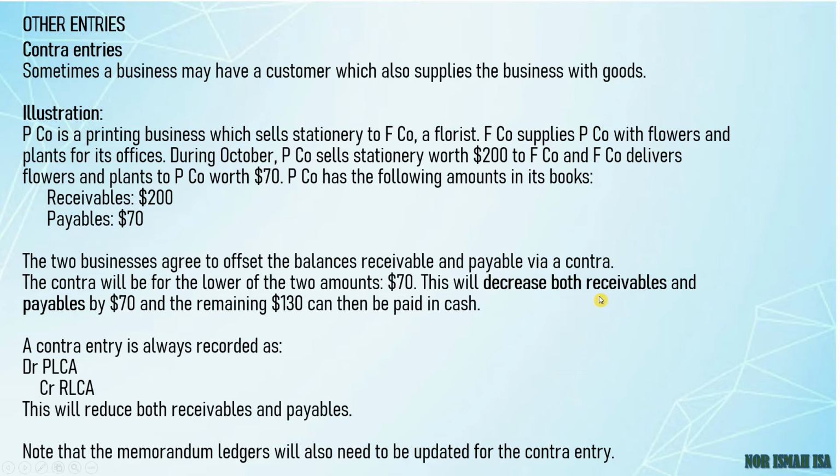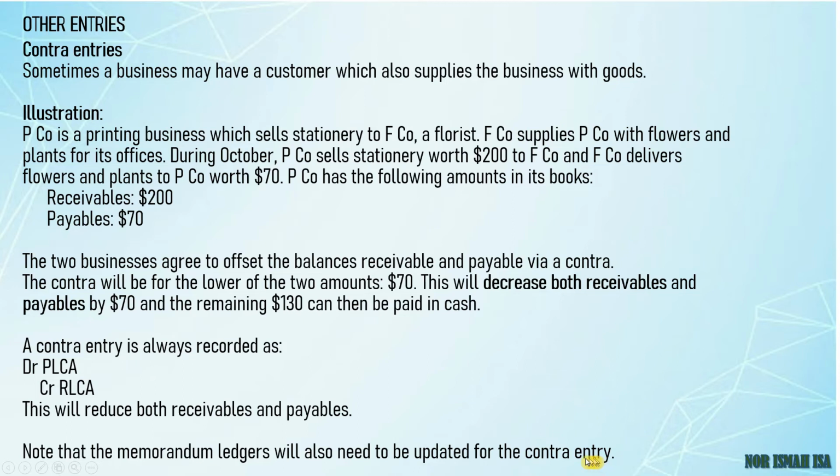This will decrease both receivable and payable by $70, and the remaining $130 from the $200 can then be paid in cash. So the entry for contra is you will debit the payable ledger control account and credit the receivable ledger control account. This will reduce both accounts. Note that the memorandum ledger will also need to be updated for the contra entry.